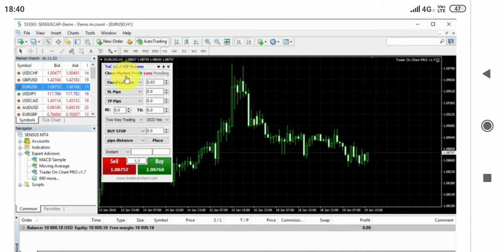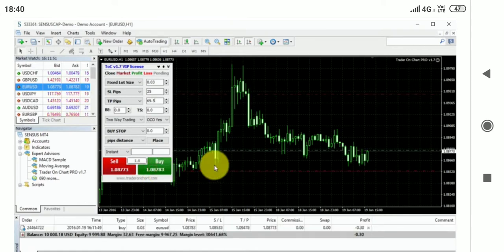So let's try again. This time let's add a stop loss of, let's say, 25 pips and a take profit of, let's say, 69.5. I will click buy, and immediately it will open the buy trade and place the stop loss and the take profit that I have set right here.